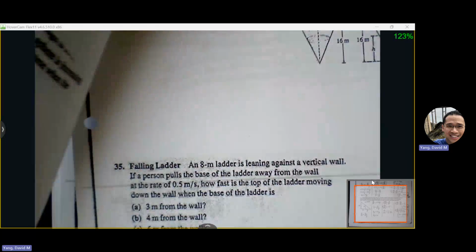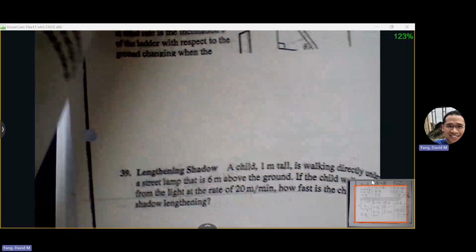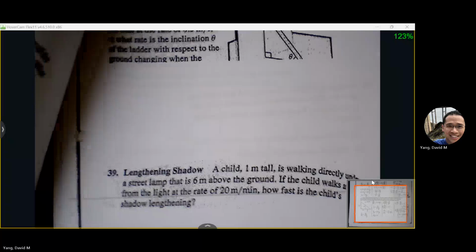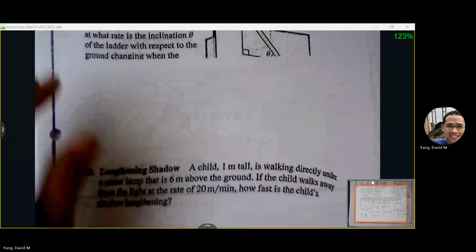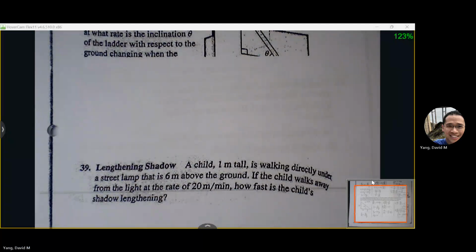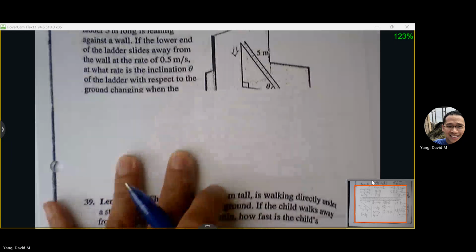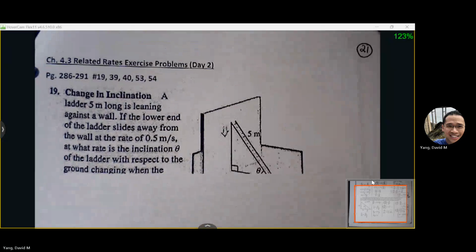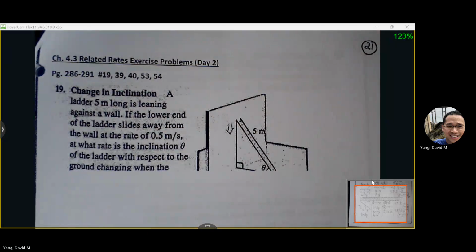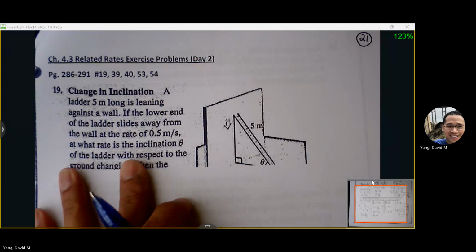Right, let me do a problem with you that involves rate of change of theta. So let's go to page 21. This is similar to number 38 that you were attempting yesterday.